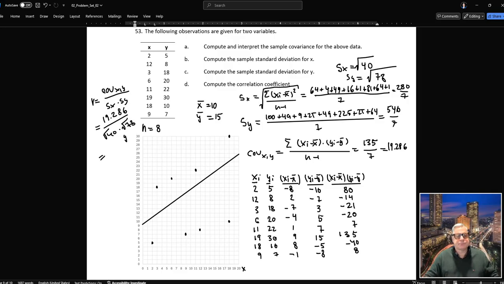Okay, so let's see what that is. 19.286 divided by the square root of 40 times the square root of 78.